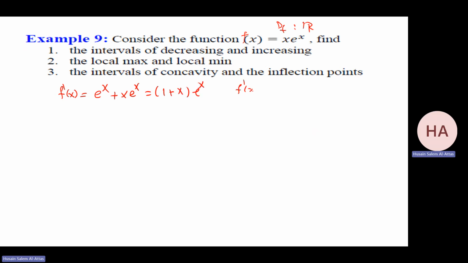F prime equals 0, critical numbers. X will be minus 1. These are critical numbers, so I'll put minus 1. Before minus 1, it's negative. Then it's positive, means decreasing, increasing. I have local min here, local minimum here.